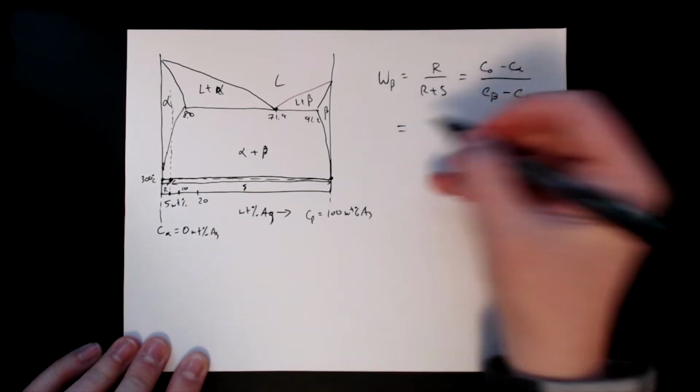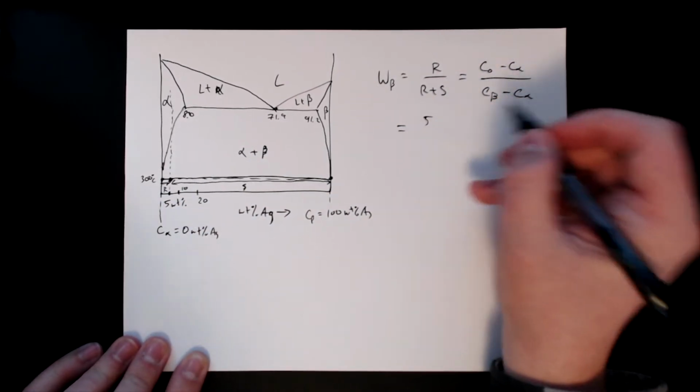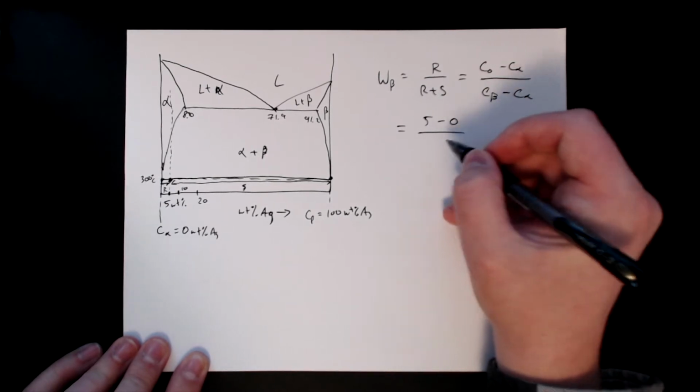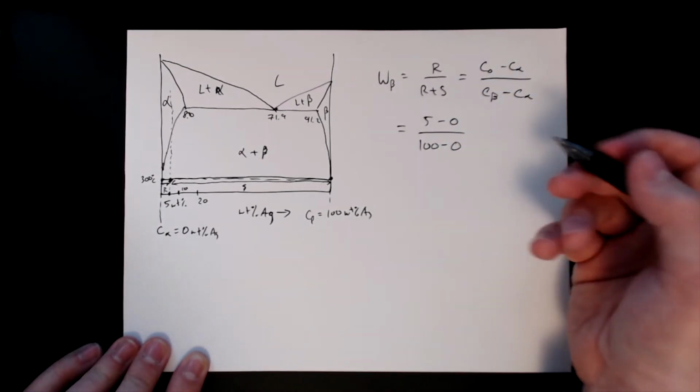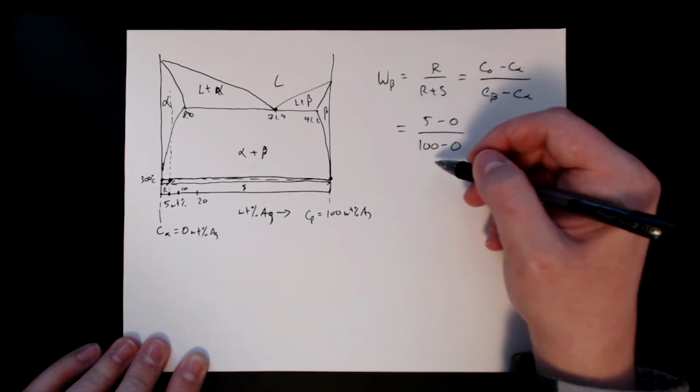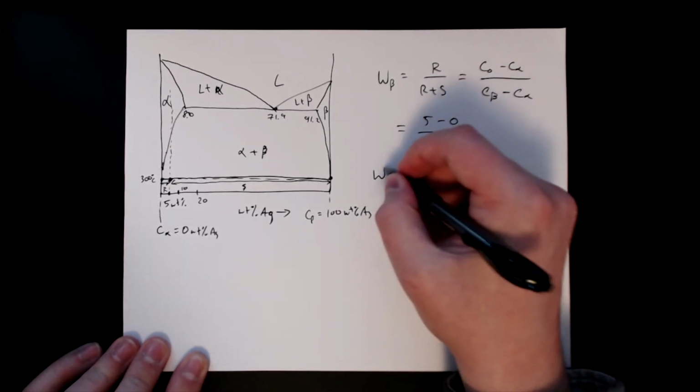So plugging those numbers in, 5 minus 0 over 100 minus 0, right? So in this case, it's simply 5 over 100, so that's 5%.